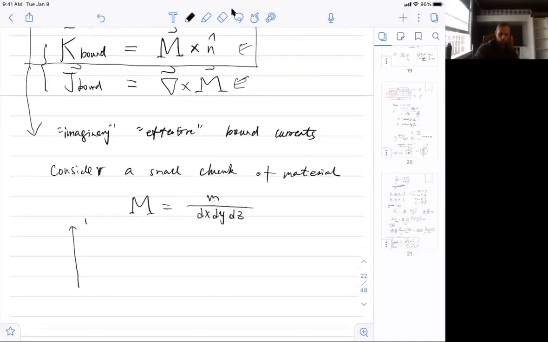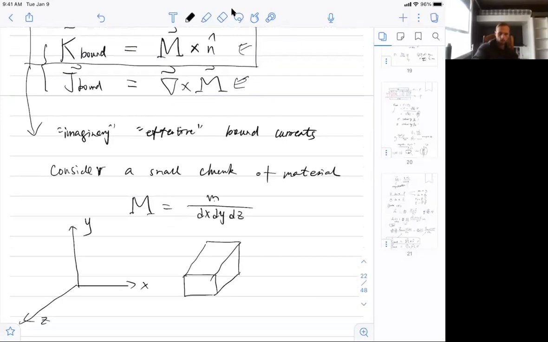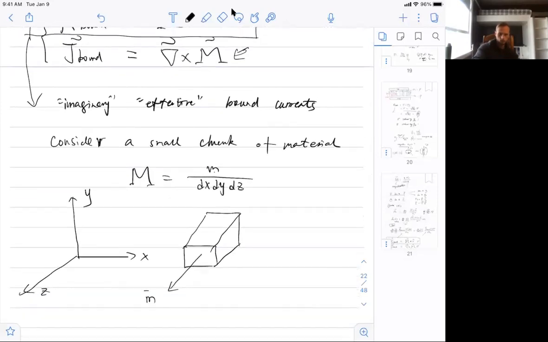Let me define our x, y, z like this. So let's draw this little chunk. Let's just say our magnetic dipole moment is pointing in the z direction, and each of these legs is dx, dy, and dz.